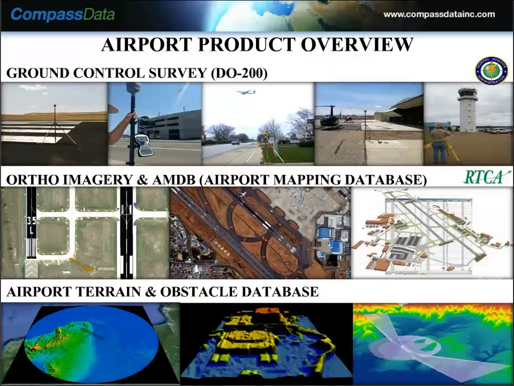And then the Ortho and AMDB, the airport mapping database, which is an attribute-rich vector database that can be certified to go into a cockpit or can be used for airport operations on the asset management side, building lease management, security, AVL, vehicle tracking as a base map, and then the airport terrain and obstacle databases. Again, that is the byproduct of the DSM that we're generating using the control, very highly accurate, and can be used to do obstruction analysis.